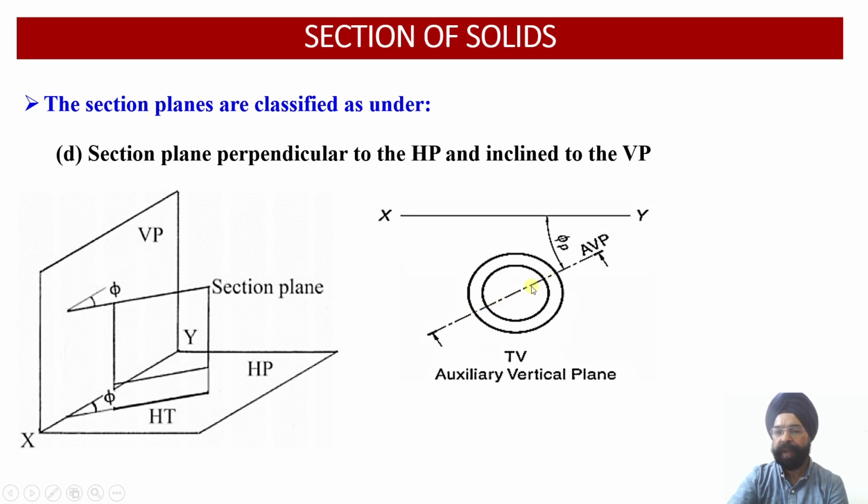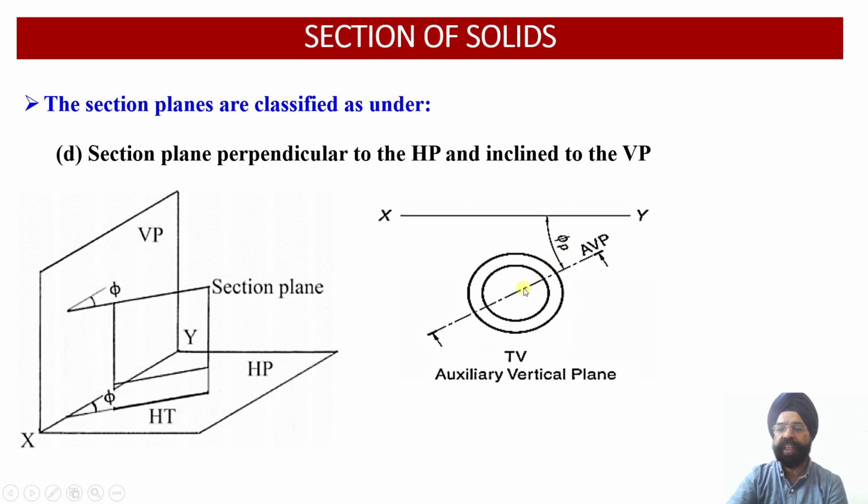Why the apparent shape? Because this surface is inclined to the vertical plane, so the projection of the inclined surface on the vertical plane will be a reduced view or the apparent view, which is not a true shape.